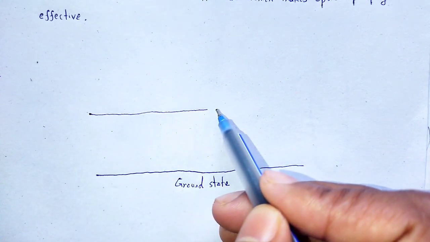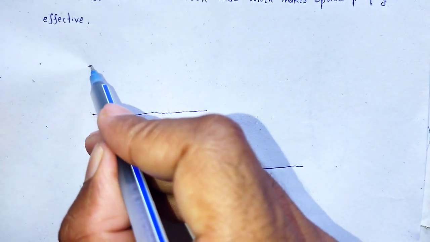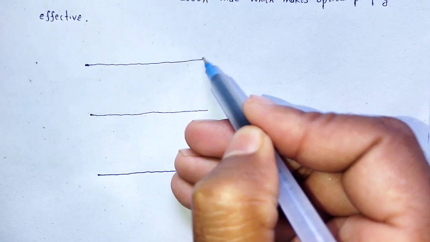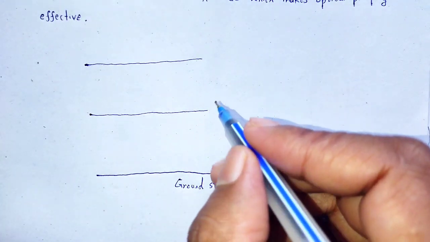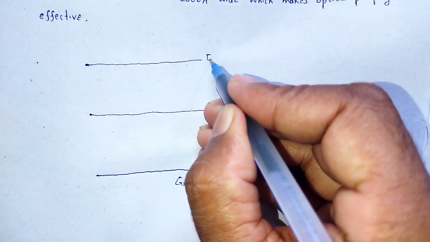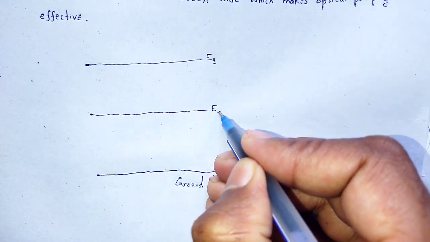That is the excited states, named as E1, E2.